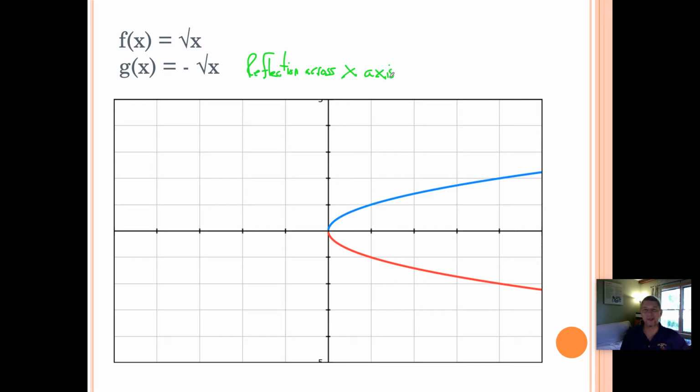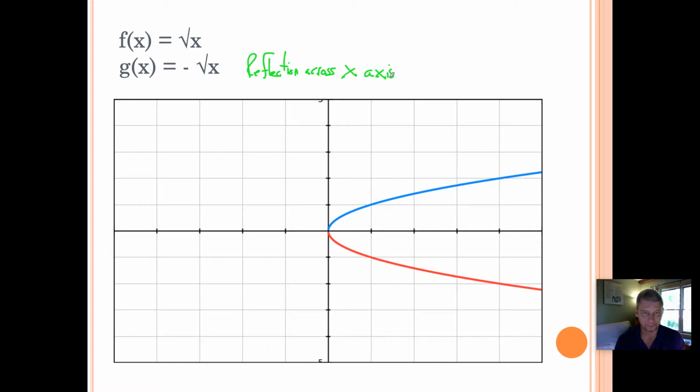Easy peasy, right? All I'm doing is taking every y value that was positive and making it negative. So if f of x equals the square root of x and g of x equals negative the square root of x, I am simply taking the graph and reflecting it across the x-axis.